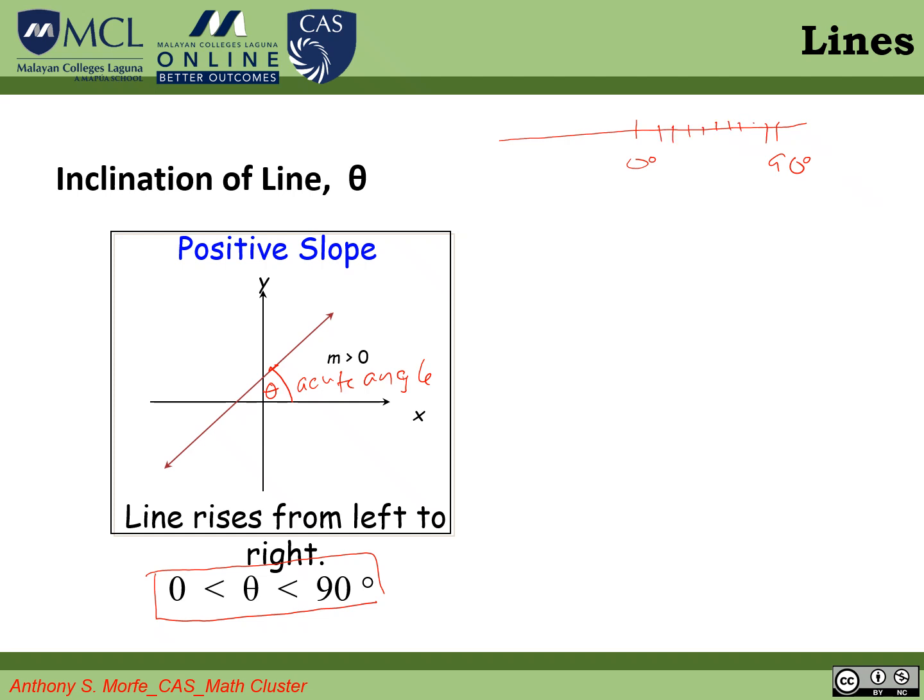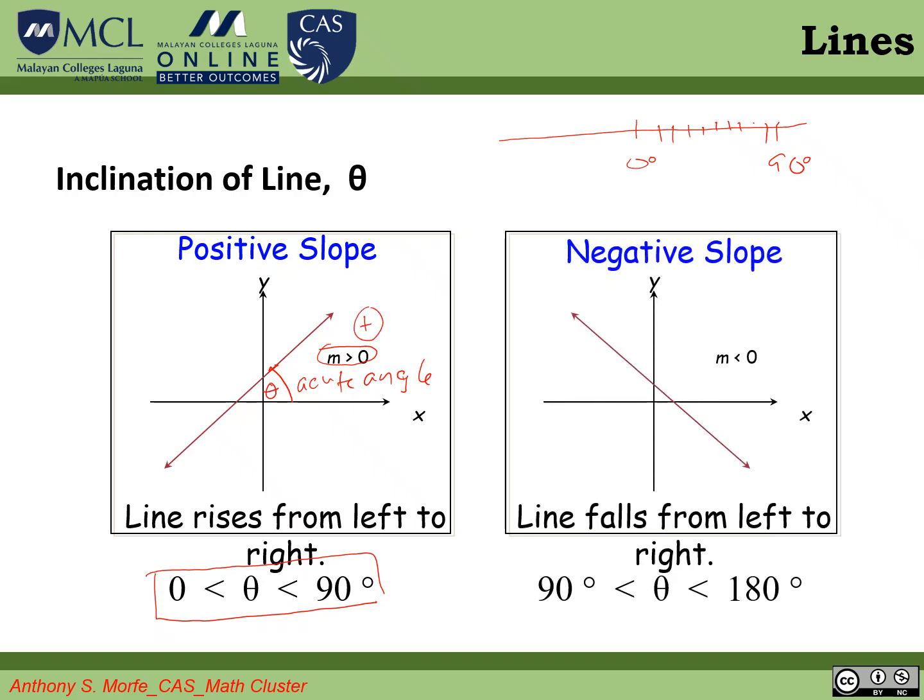And our theta is an acute angle. Our line is increasing, so m is positive. You see here, m is equal to tangent of theta, so when you take the tangent of theta, that is a positive value. So for this one, m is positive, represented by m greater than 0.